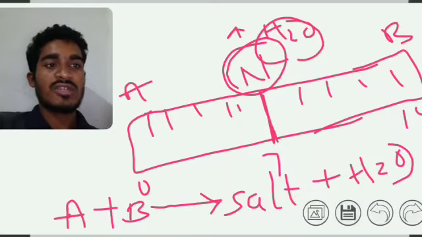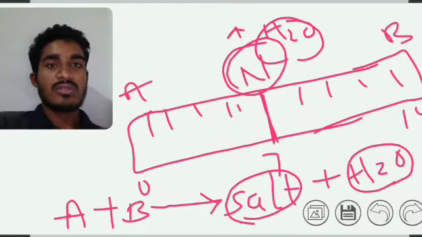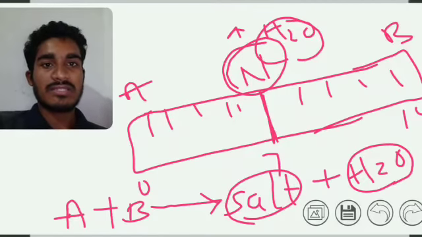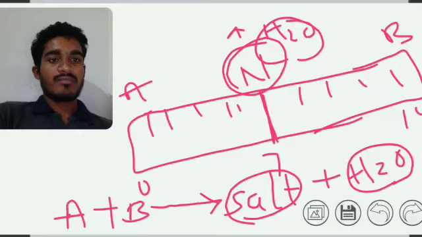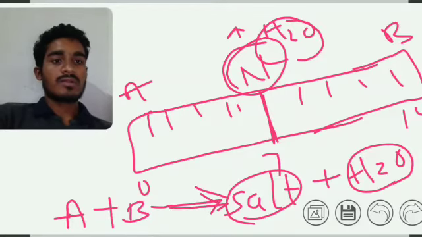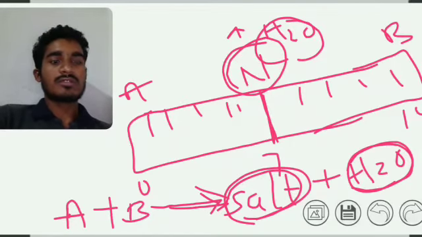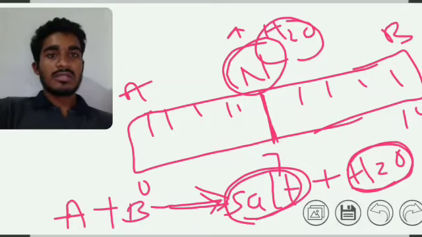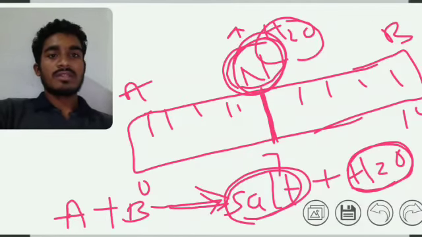This is a neutralization process. When acids and base react completely, they produce salt and water. Neutralization means this is neutral, 7. A pH of 7 we call neutral.